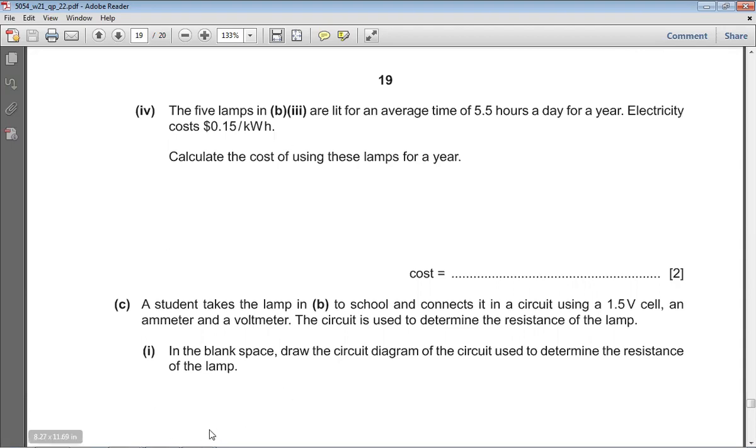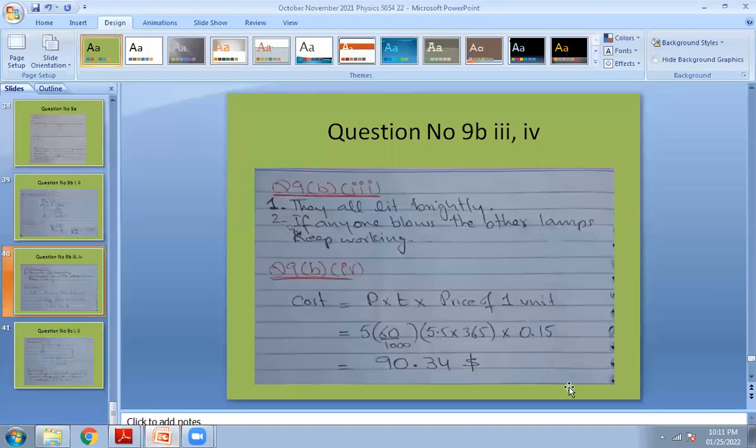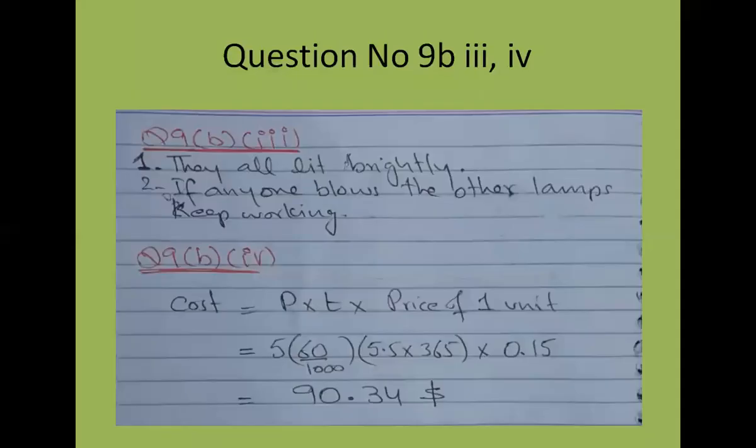So let me show you. There are 5 lamps. So here we go. The cost will be power multiplied by time multiplied by the price of 1 kilowatt hour. So the power is 60 watts. So divide it by 1000. So it can be converted into kilowatts and then multiplied by 5 because there are 5 lamps.